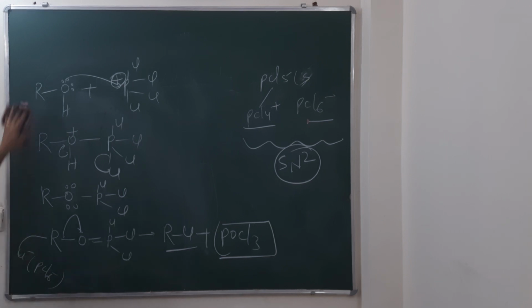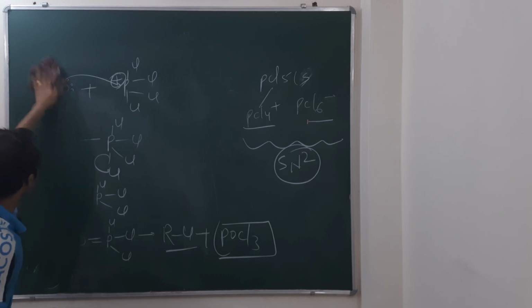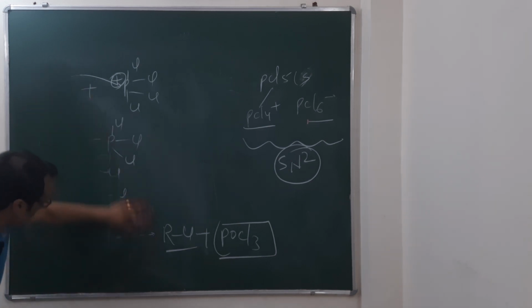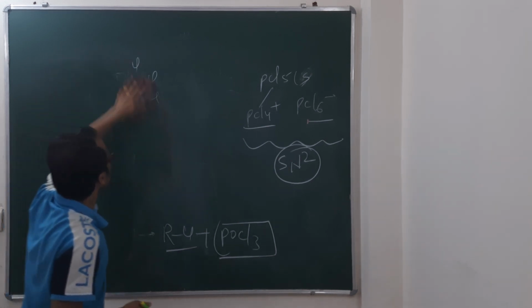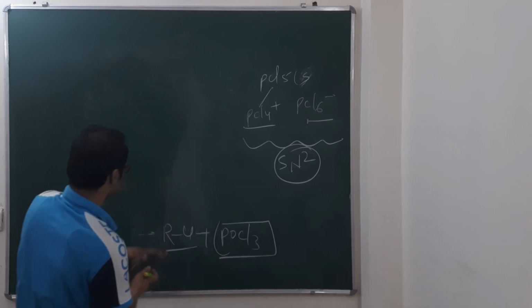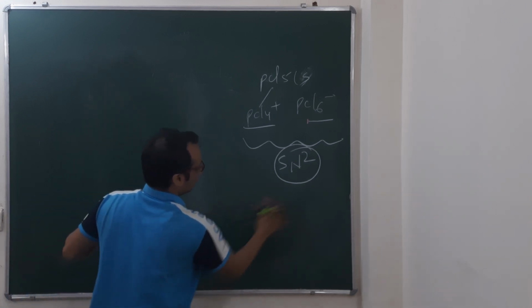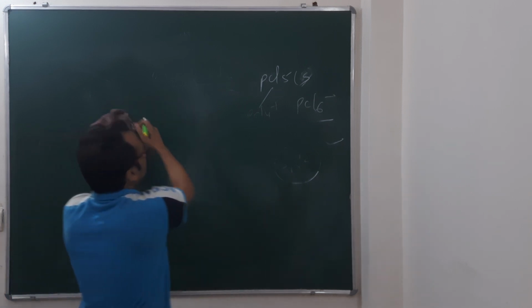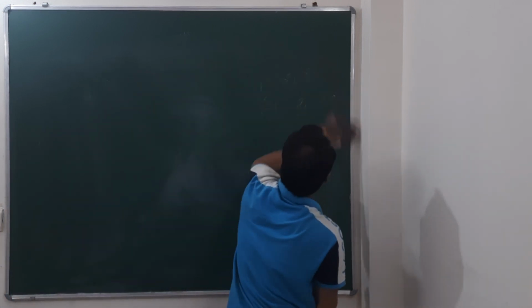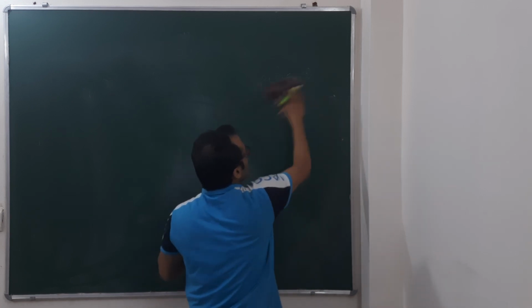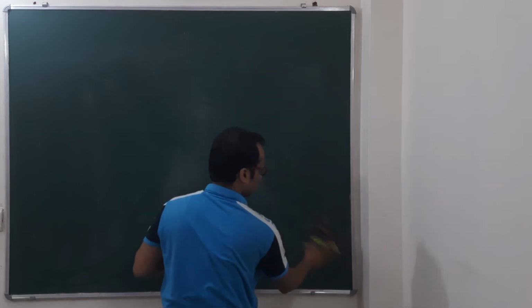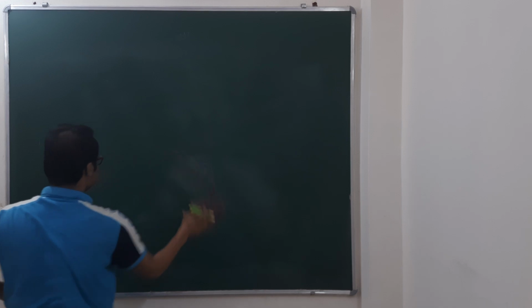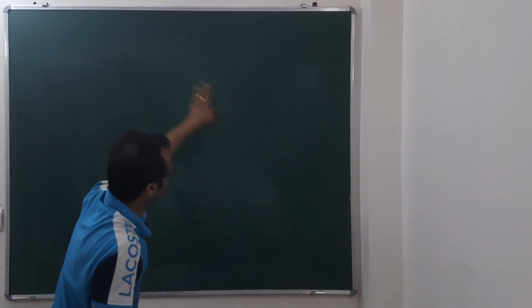Okay, see here. Now check what product is formed here. One question, I just write here, and you think about what product is going to be formed. Okay, see here, students, one question is here.